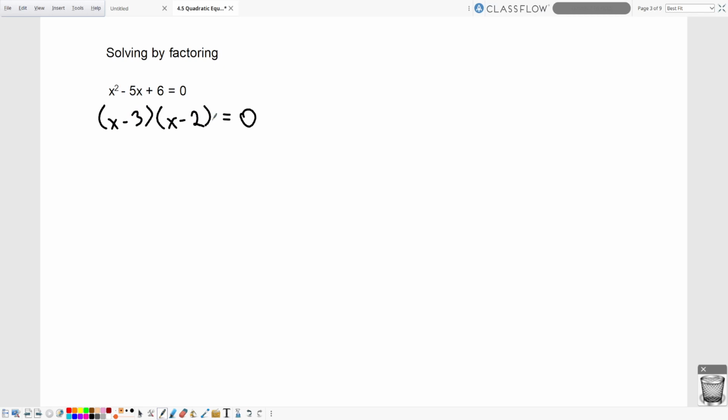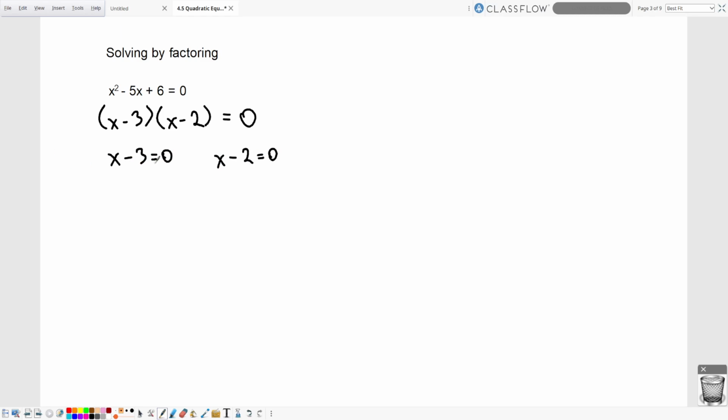Previously, we would have stopped here, and we would have been done. But now, because we're solving, we're going to use the zero product property, which tells me that if I multiply this x minus 3 and this x minus 2, and the result is 0, I know that either x minus 3 is 0, or x minus 2 is 0. So I then say x minus 3 is equal to 0, and x minus 2 is equal to 0.